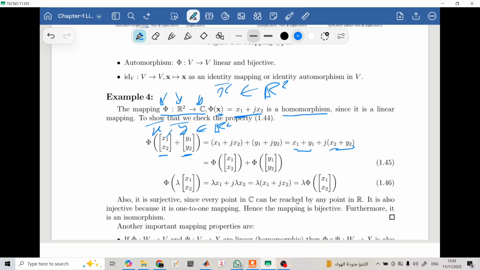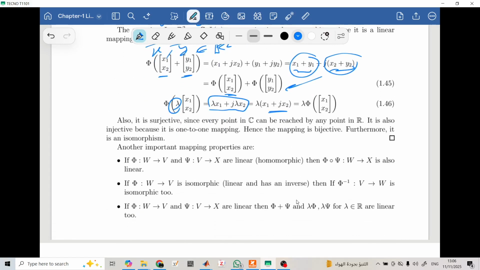In this case, this is actually the mapping of x, and this is the mapping of y, that is y1, y2. Okay, and it's very straightforward to see that this mapping is homogeneous. You can multiply here by lambda, then you can take it out, and this is actually the same mapping, right? Phi.